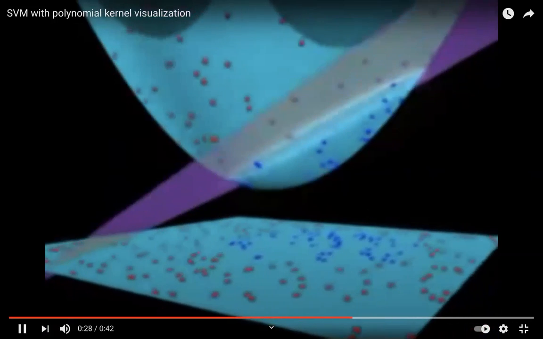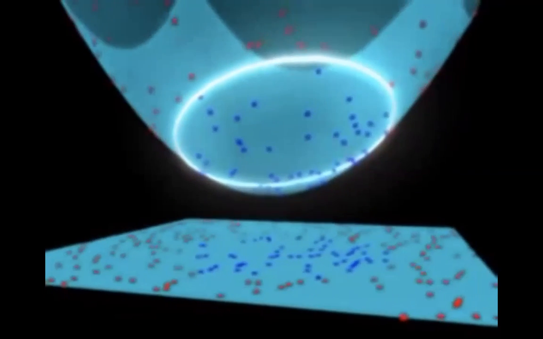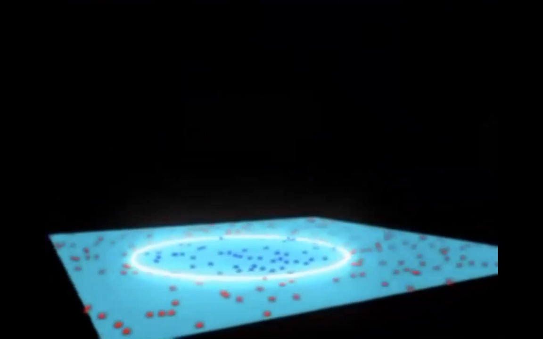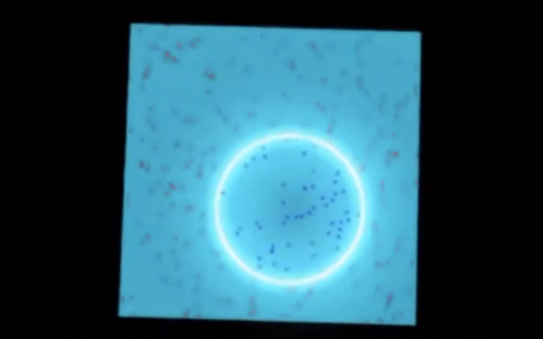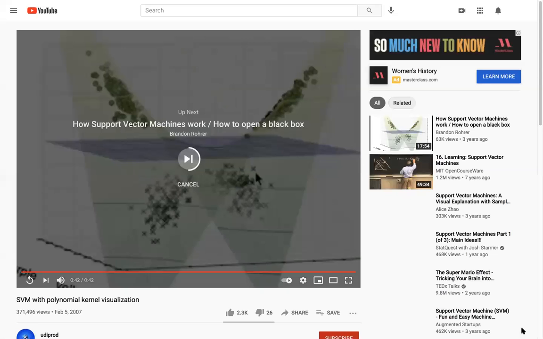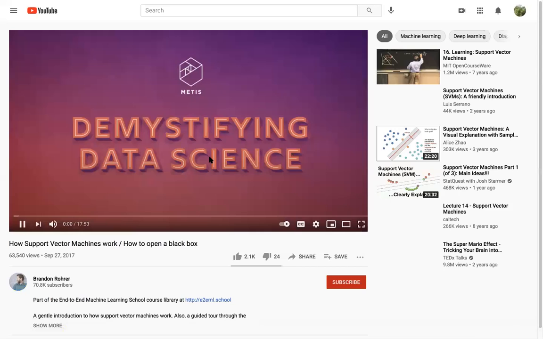Now, as you can see, once you raise them up, it is possible to separate them. When you go back to the two-dimensional space, it looks like a circle. Okay, so that is what the kernel trick can do.